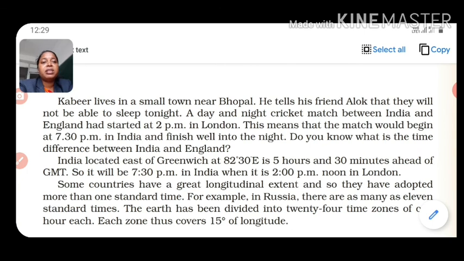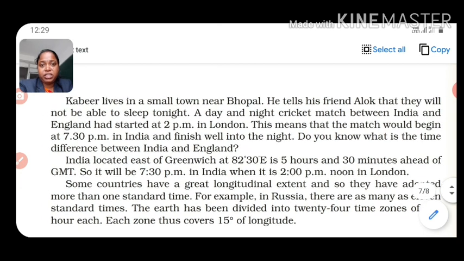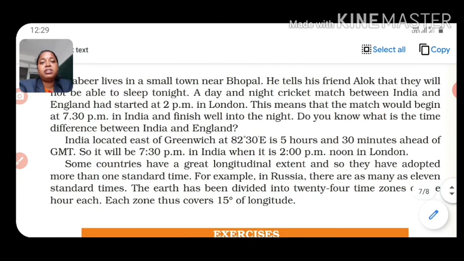Some countries have a greater longitudinal extent and so they have adopted more than one standard time. For example, in Russia there are as many as 11 standard times. The Earth has been divided into 24 time zones of 1 hour each. Each zone covers how much? 15 degrees of longitude. Okay, so time zones are divided according to 15 degree meridians of longitude.